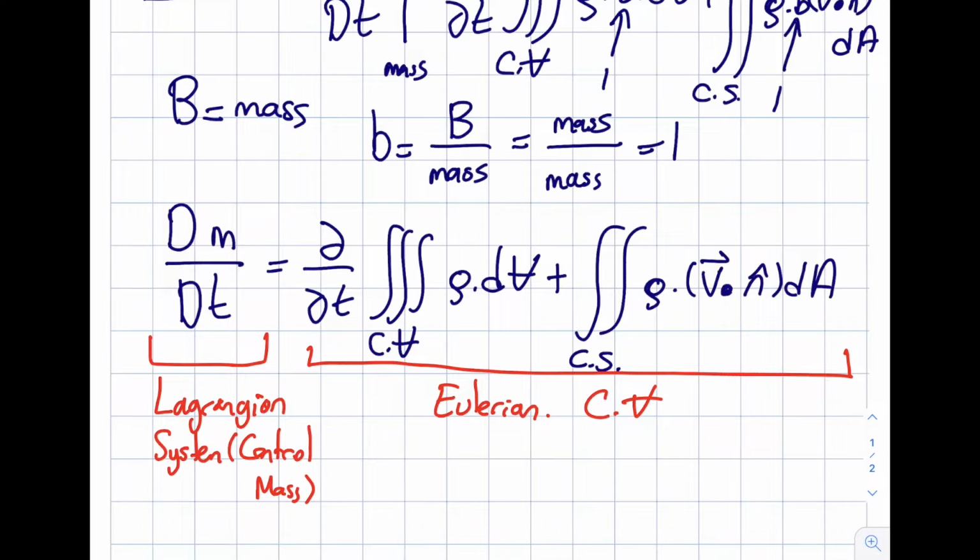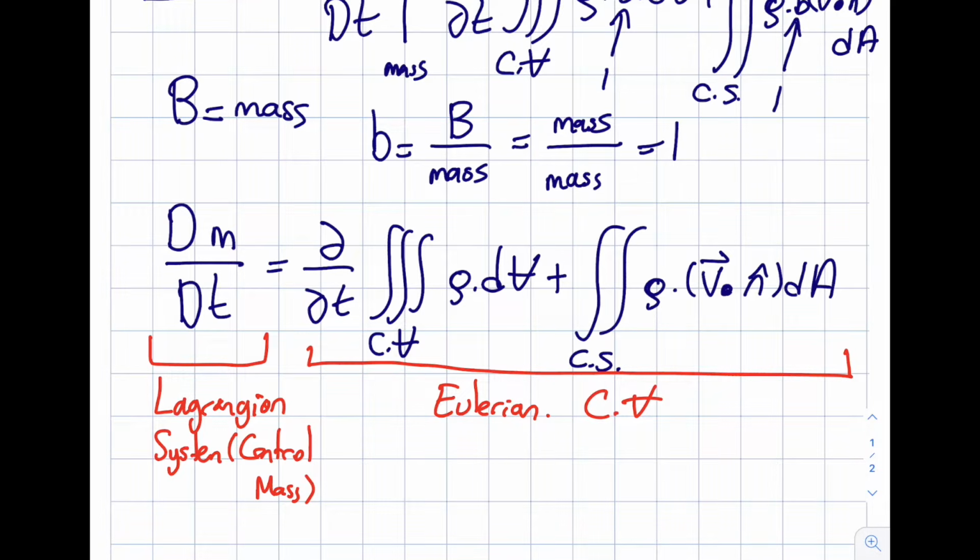If you look at the previous segment from module 4, when I derived the Reynolds transport theorem, I was moving with the flow. I was not adding any mass or removing any mass from my system. It was a constant number. For a control mass, the definition was that no mass leaves or enters. Then this term is not going to change over time.